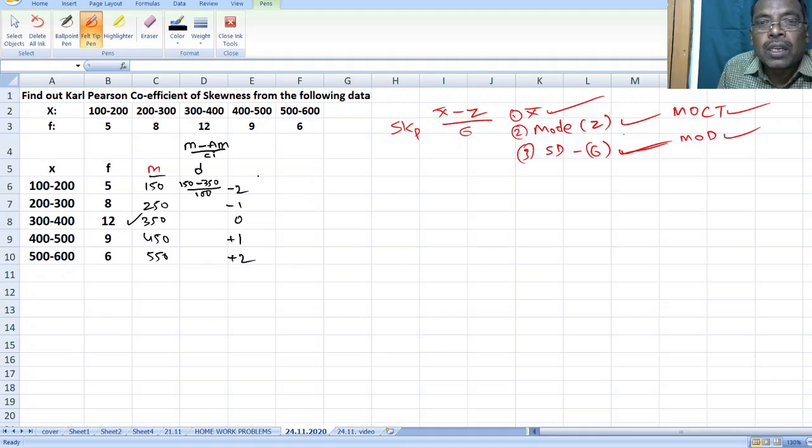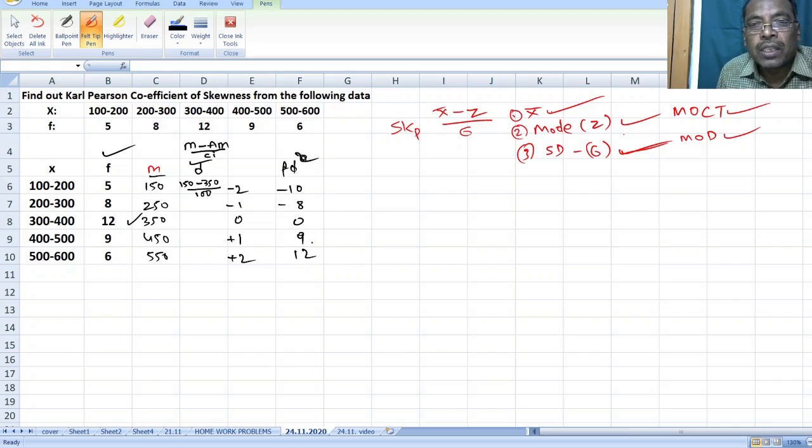Right students, now you have to find out FD. FD means F into D. So 5 2s are 10, minus 10. 8 1s are 8, minus 8. 0. 9 1s are 9 and 6 2s are 12.